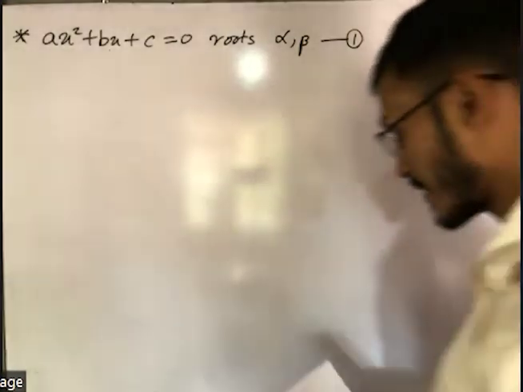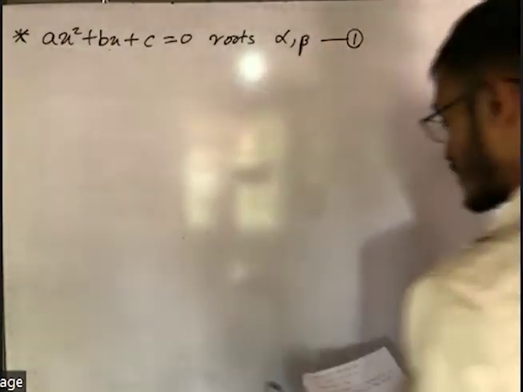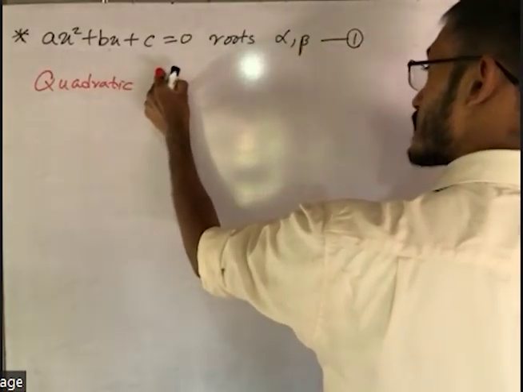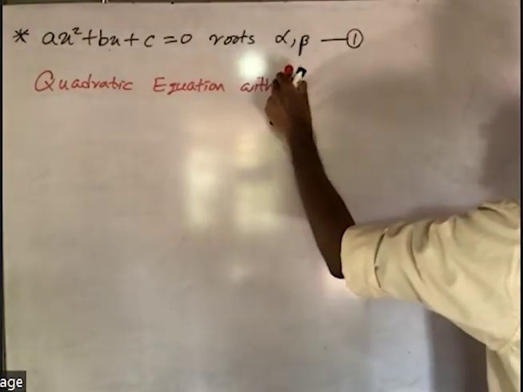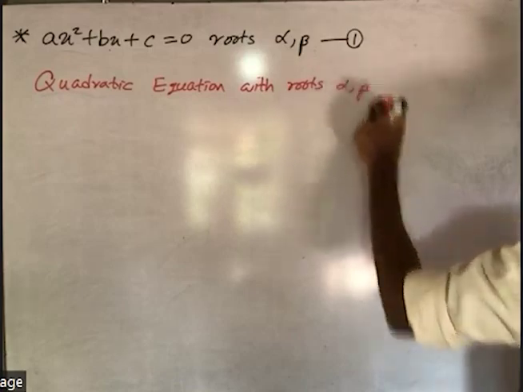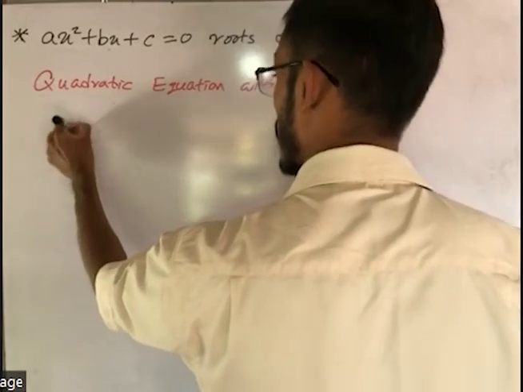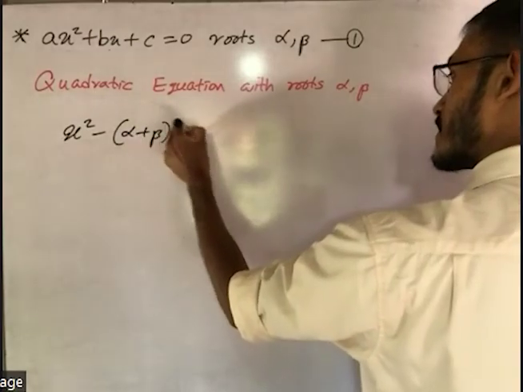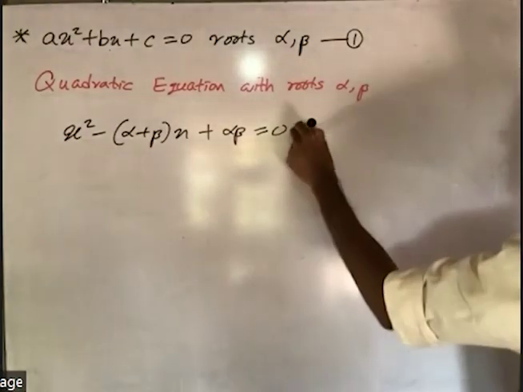Now I'm going to develop the quadratic equation using these two roots. You can develop the quadratic equation with roots alpha comma beta using the previous formula. So we can write x square minus the sum of roots (alpha plus beta) x plus the product of roots alpha beta equal to 0. I will take this as number 2.